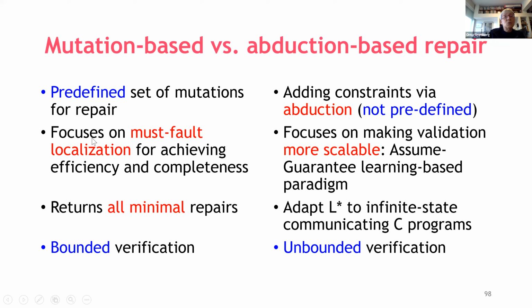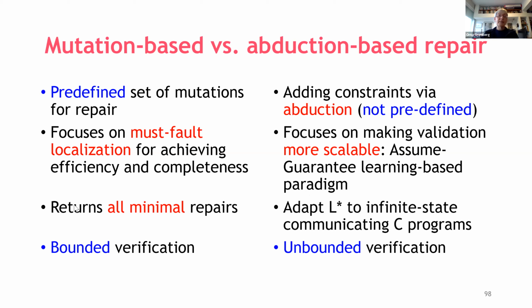The focus of the mutation-based approach is fault localization for achieving efficiency and completeness by pruning the search space, and the focus of the abduction-based approach is to make validation more scalable by using an assume-guarantee learning-based paradigm.